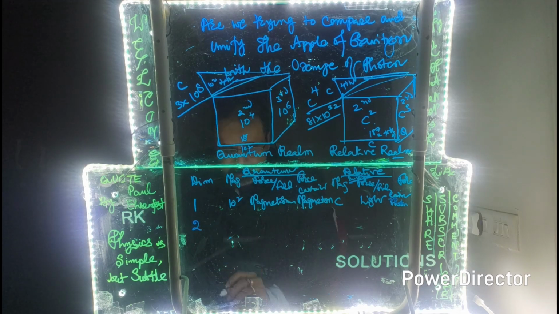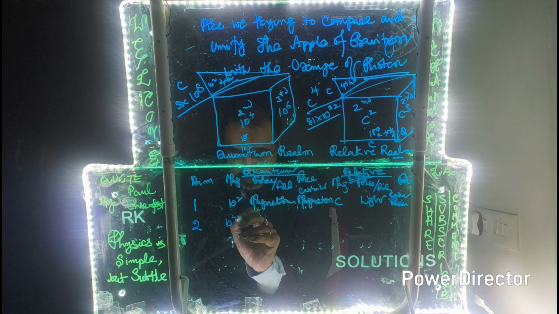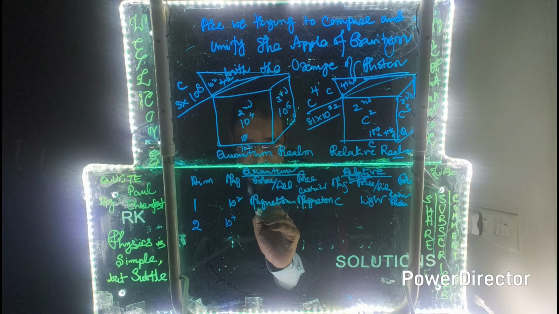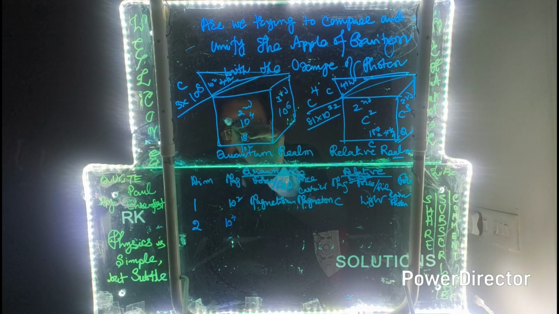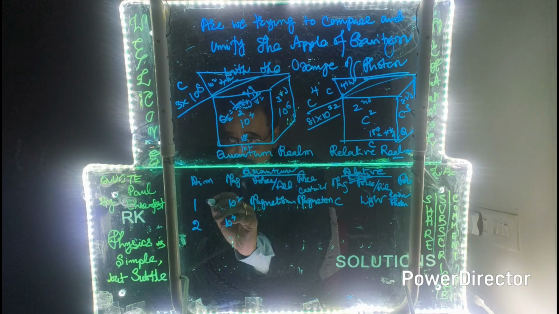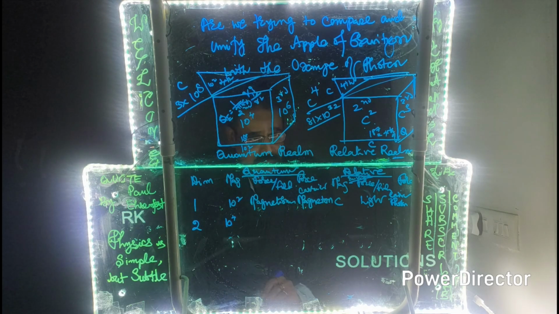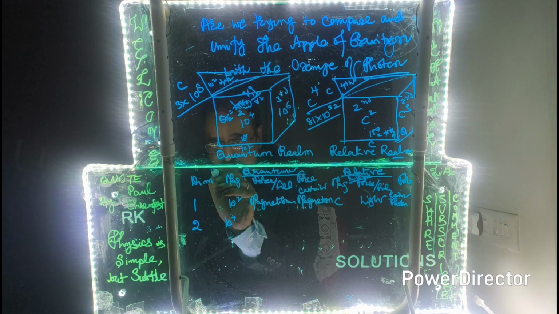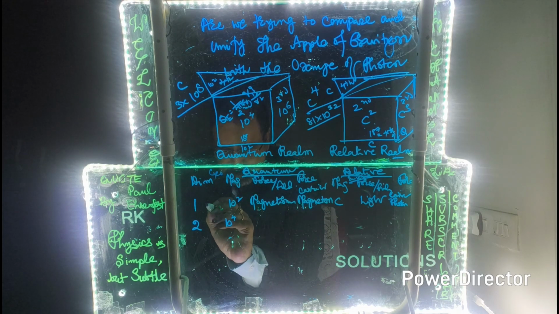Second dimension we went to 10 raised to 4. Here we had QE equal to 1 by 4 pi epsilon naught Q1 Q2 by R square, 4 pi R square. When we say this, equivalent geometry also, we will provide geometry.